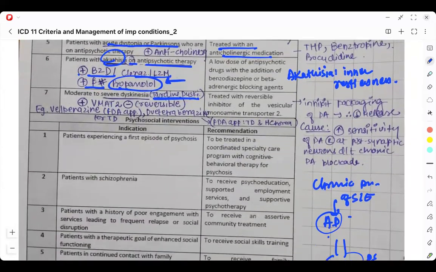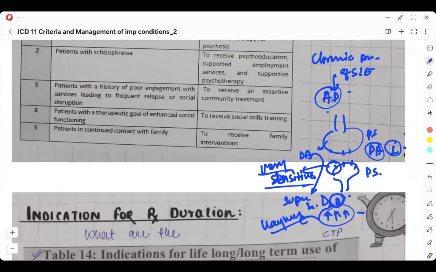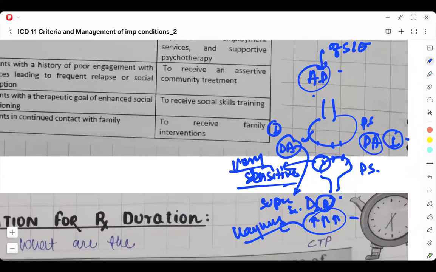So what we do here is we try to reduce the dopamine further. So we block the VMAT2 receptor. VMAT2 is responsible for packaging the dopamine into the vesicles. We are blocking this receptor, which is present inside the presynaptic neuron, and therefore when dopamine is not packed, it won't be released.